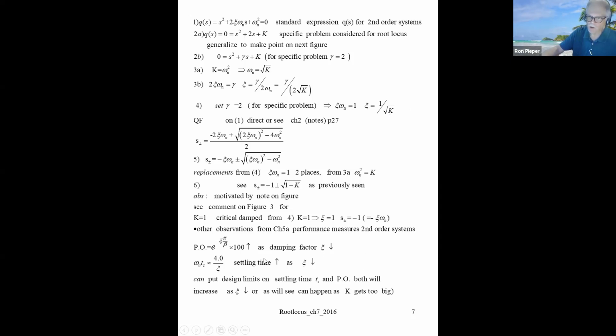So we can see that the percent overshoot, which is no surprise, as the damping factor gets smaller, the percent overshoot goes up. That may be a little undesirable for some applications.